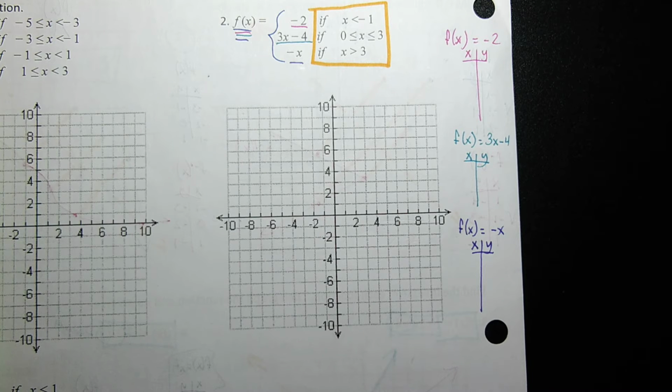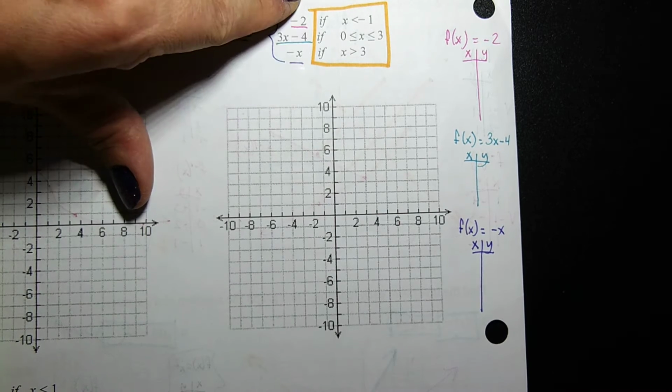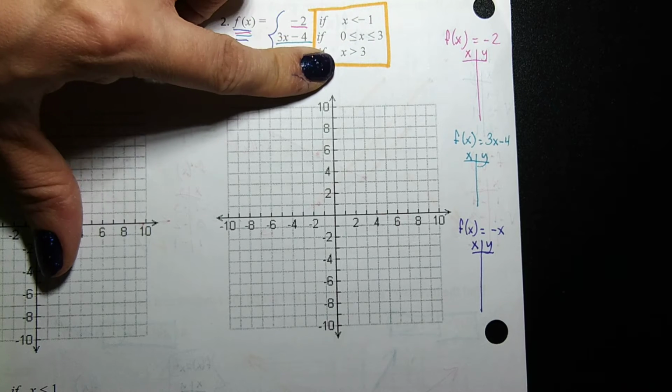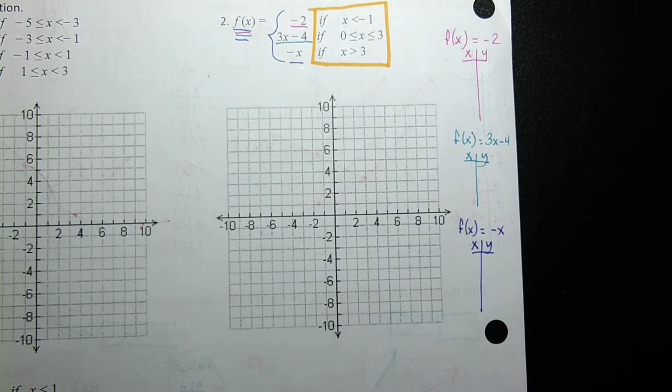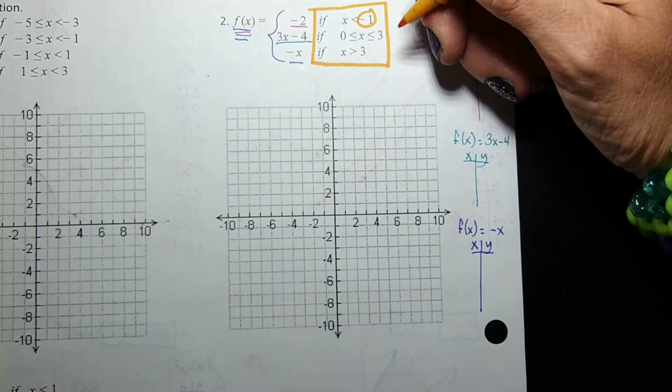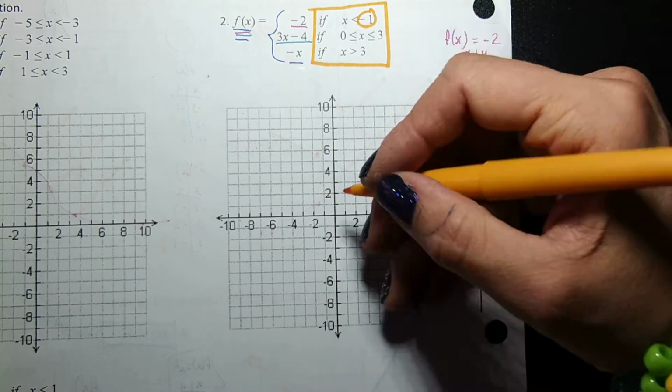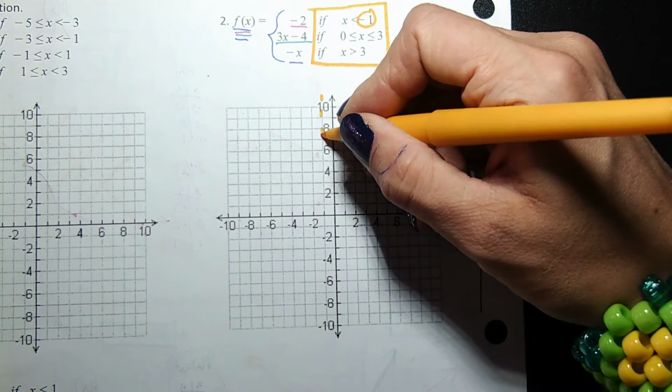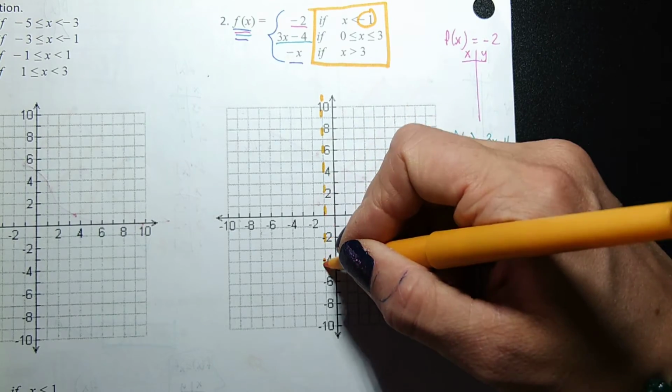Now we're going to start looking at those bound statements, this if statement with the inequalities, because that tells us where we're going to draw our bound lines and how we are going to start our tables. So any value that you have in those if statements is going to represent a bound line. So I'm going to have a bound line, which we draw in as a dashed line at -1.